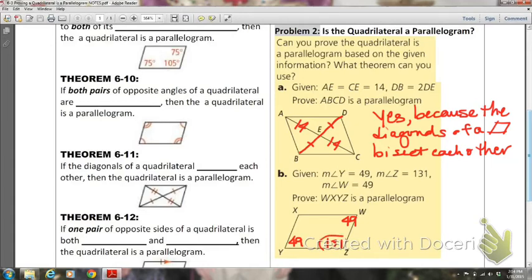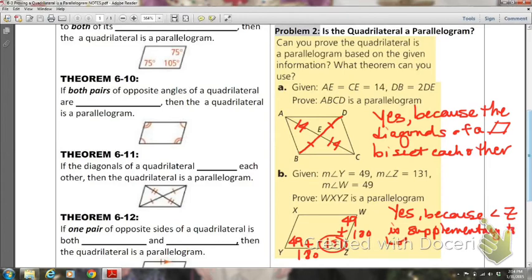So let's look at this angle 131. If I add 131 and 49, you get 180. And if you add it with the other consecutive angle, you also get 180. So they are both supplementary. So what theorem are we using? Yes, it is a parallelogram, because angle Z is supplementary to both of its consecutive angles.